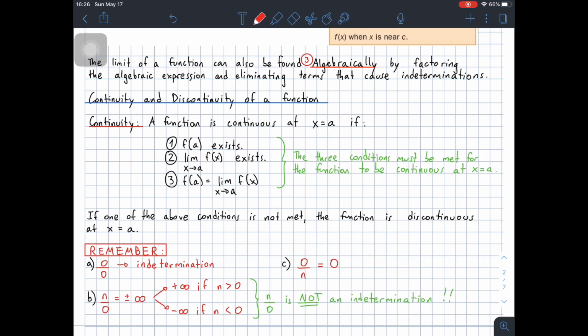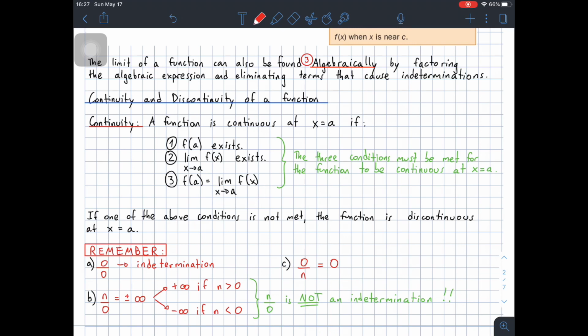Then, the limit of the function when x tends to the same value a exists, so both the limit and the value of the function should exist. And the third condition is that the value of the function when x equals a should be equal to the limit of the function when x tends to a.